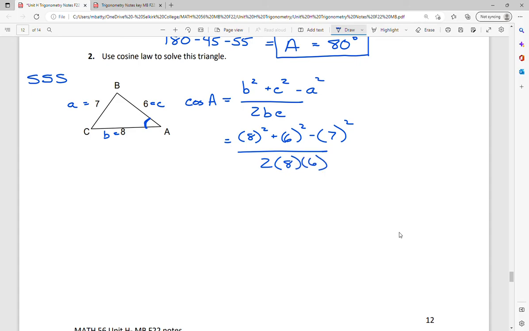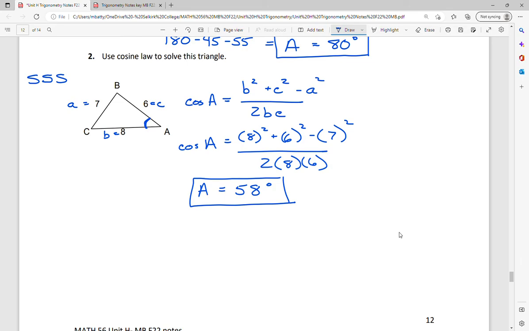So doing this in your calculator, taking care as you go, use the brackets or the divide by each of the things on the bottom, or do the top, then do the bottom, right? Breaking it up. Remembering to hit the second function, you can solve for angle A as 58 degrees.